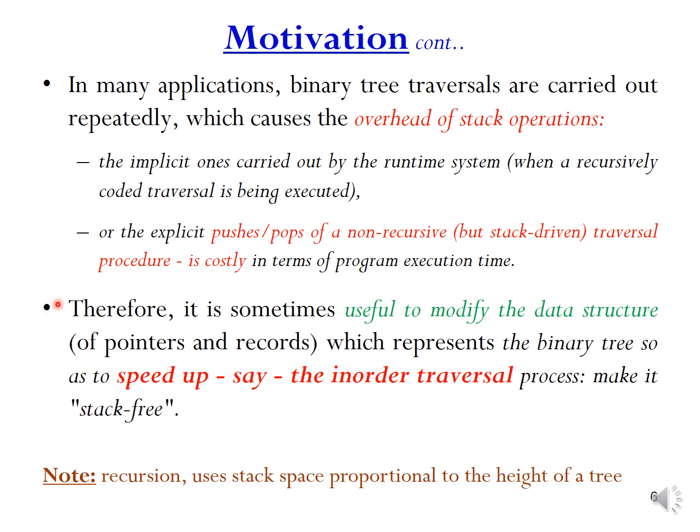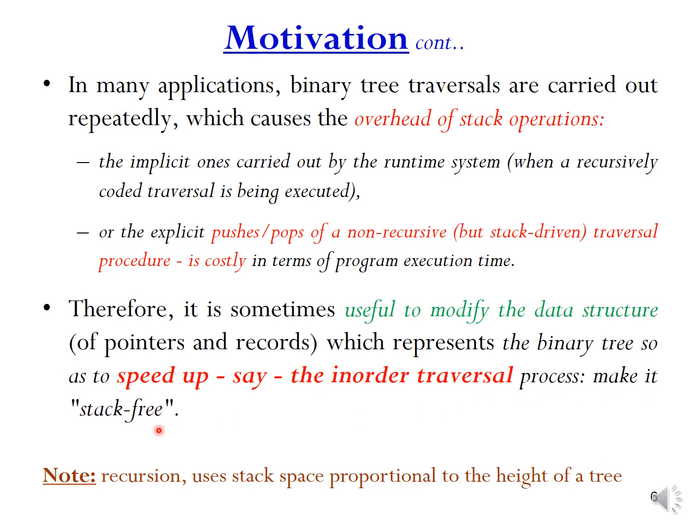Therefore, ultimately we can say it is sometimes useful to modify the data structures of pointers and records which represent the binary tree, so that we could speed up the in-order traversal process and make it stack free.